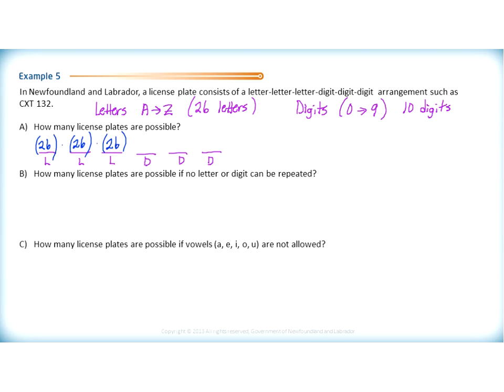In the case of the digits, we have 10 digits from which we can choose for each digit. So 26 times 26 times 26 multiplied by 10 times 10 times 10 will result in 17,576,000 different possible license plate numbers.